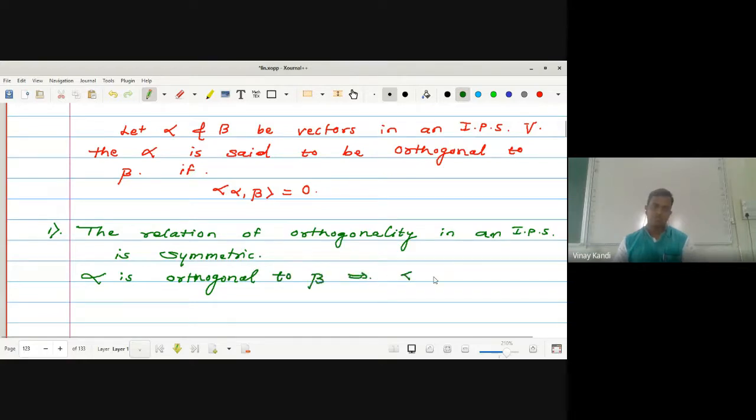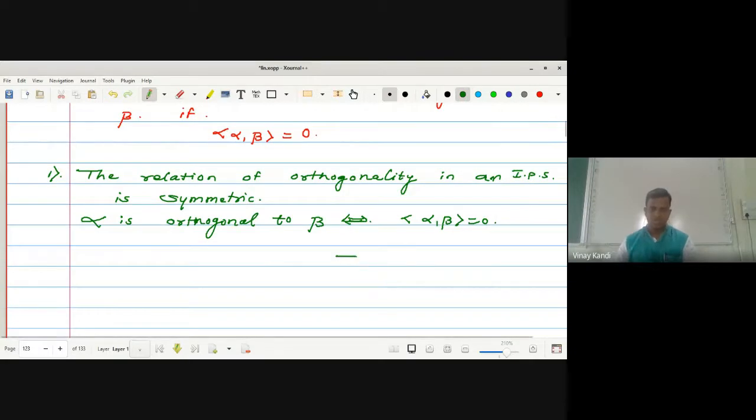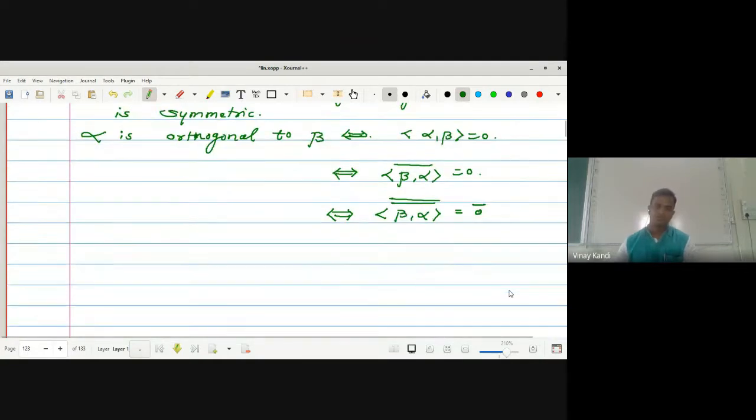By the definition, the inner product of alpha and beta is equal to 0, and conversely. The inner product of alpha and beta is equal to the conjugate of the inner product of beta and alpha, which is equal to 0. So this implies the double conjugate of the inner product of beta and alpha equals 0 bar. But what is 0 bar?